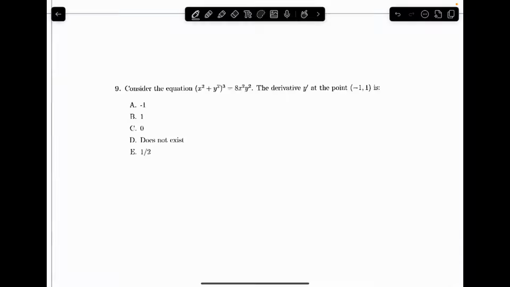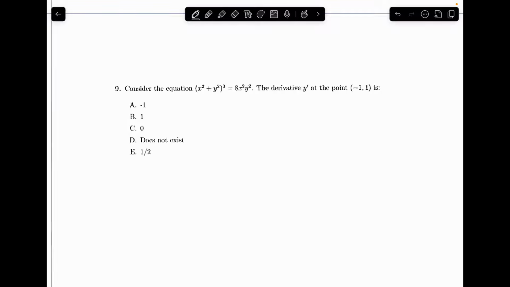Question 9. Consider the equation (x squared plus y squared) cubed equals 8x squared y squared. It's asking for the derivative y prime at the point (-1, 1). Whenever we see some function equals another function, with variables on both sides, we're probably thinking implicit differentiation.